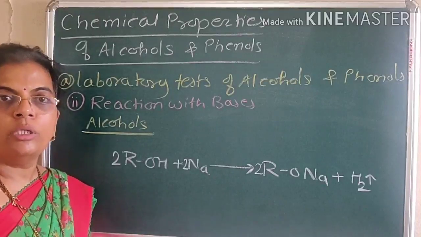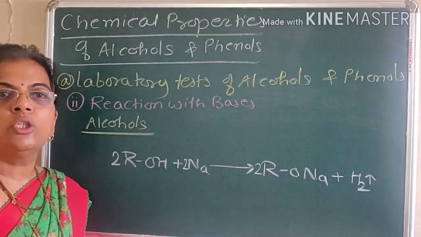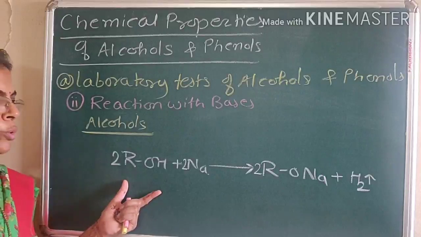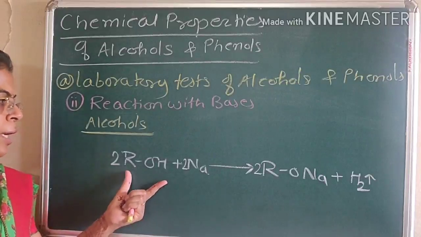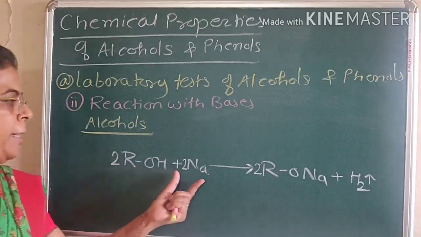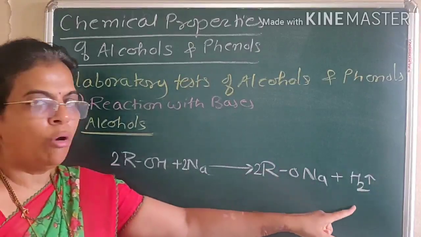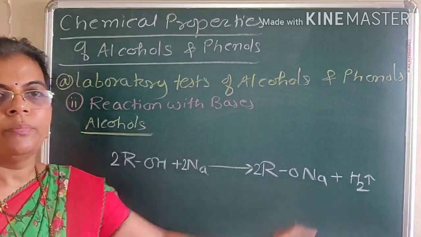Actually they are neutral, but with active metals they show acidic nature. This reaction is used to identify alcohol by adding sodium metal, because evolution of H2 gas takes place.